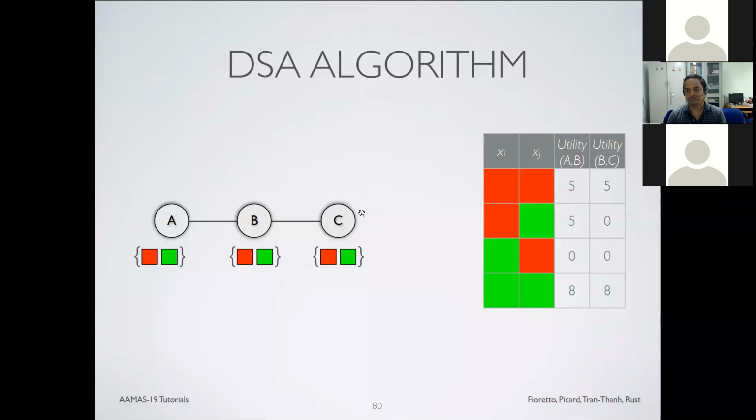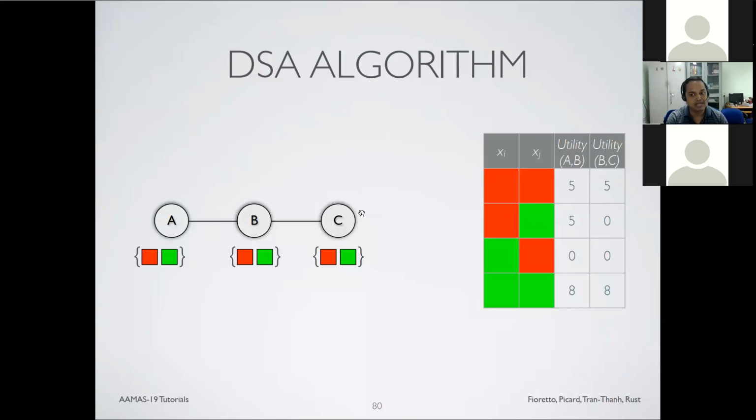Second thing, if you go for the comparison between the SSB algorithm and the DSA algorithm, or the DCOP algorithm and the DSA algorithm, the DCOP algorithm and SSB algorithm will always give you the optimum result, but you have to wait till the completion of the algorithm.